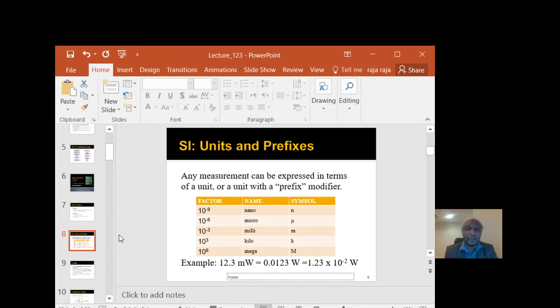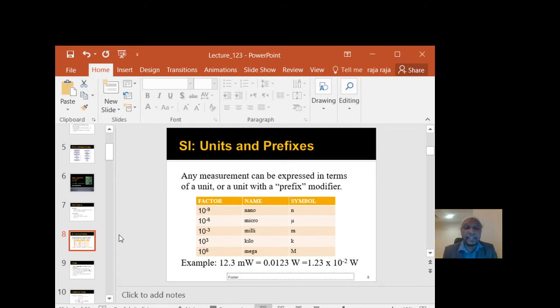We use nanotechnology mobile phones, nanotechnology laptops, nano cells, nano solar cells, everything we know as nano. But what is nano? Nano means very small size. We can say the mobile phone size is nano size, slim size. So nano means 10 power minus 9, a very small, minimum size. That is the meaning of nano.